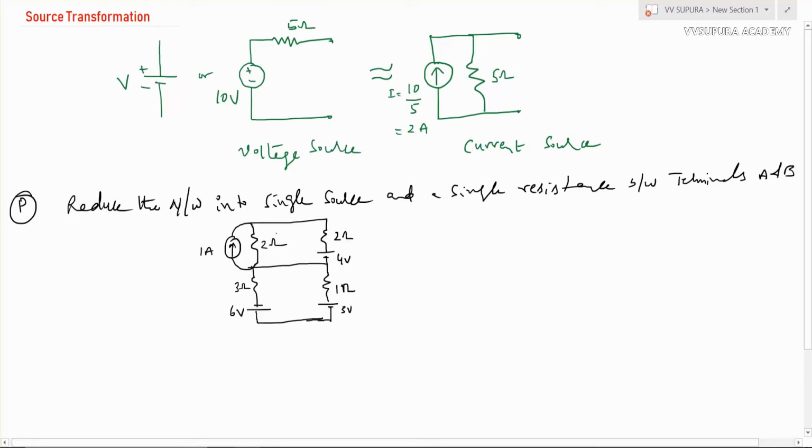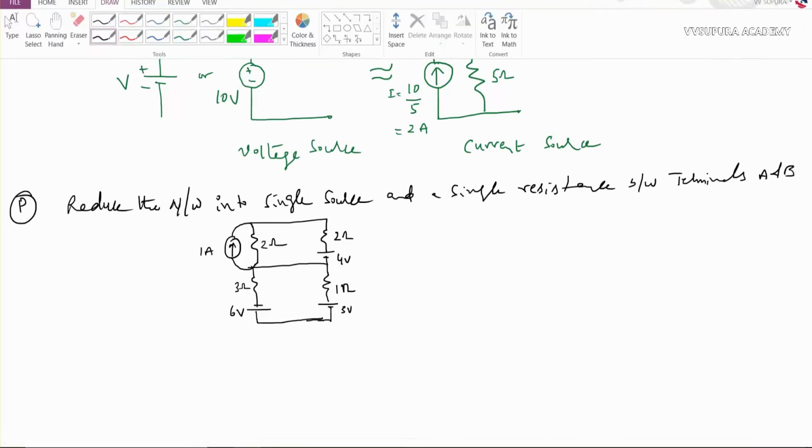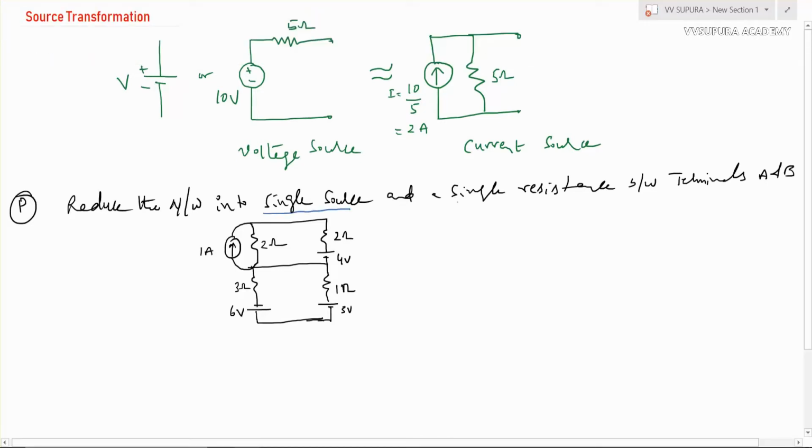We have to convert this network into a single source and a single resistance. Generally we can see this is a current source and this is a voltage source, so I can convert all voltage sources into current sources.